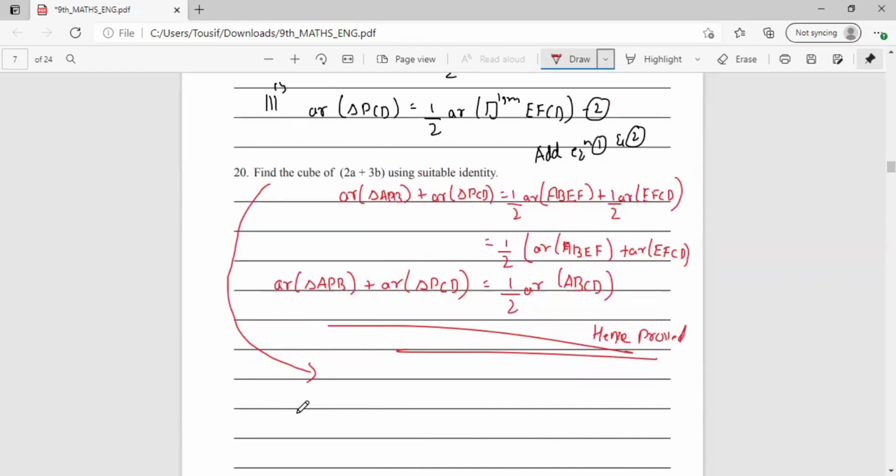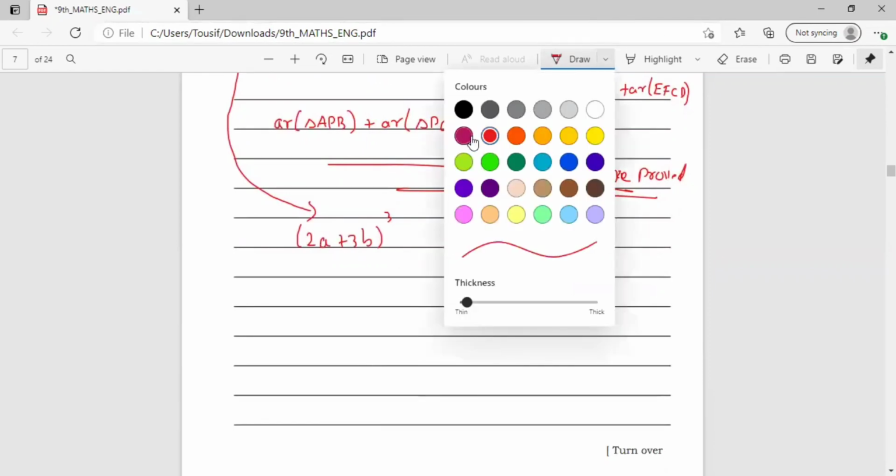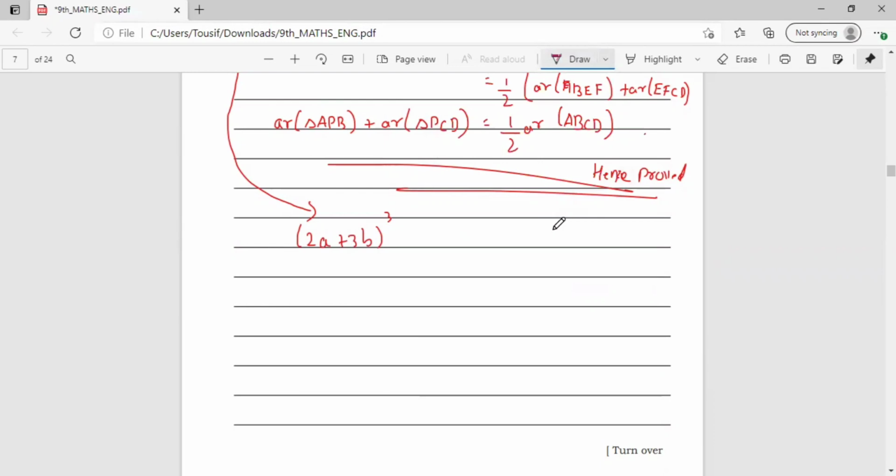Find the cube of 2a plus 3b using a suitable identity. So let us try to solve 2a plus 3b. They are asking us to find its cube. So that is 2a plus 3b whole cube. Now we need to identify the formula, that is the identity. I hope you know all the identities of the polynomial chapter.